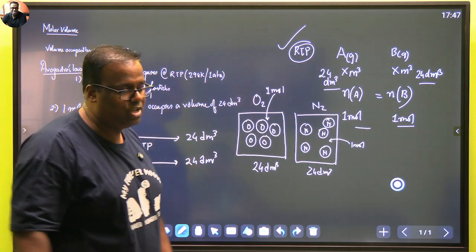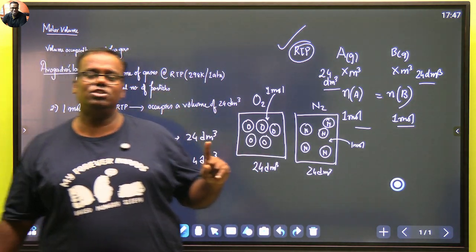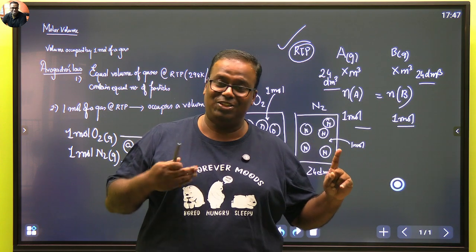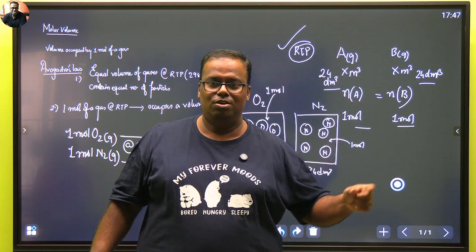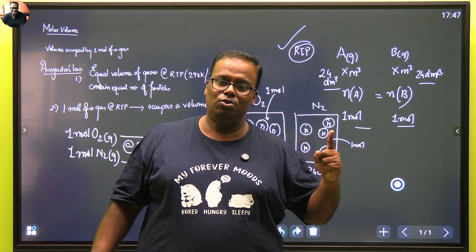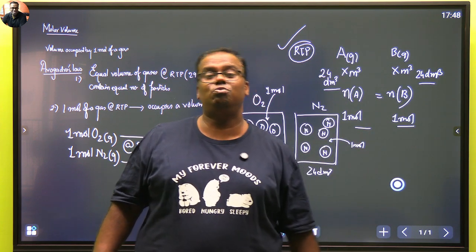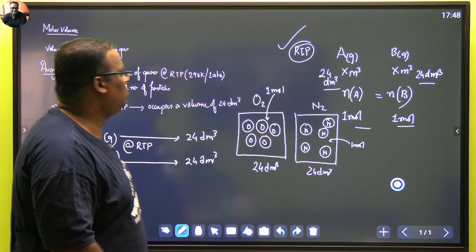Like Avogadro's hypothesis here, how do we read? 1 mole of a gas under the conditions of RTP occupies how much? Not 22. See, the 22 comes easily to my mouth because we are habituated. 24 dm cube. And what will the CBSE student read? 1 mole of a gas at NTP occupies 22.4. So 22.4 and 22.1. So we will go by 24 dm cube.